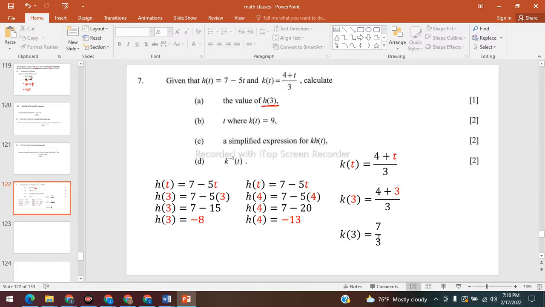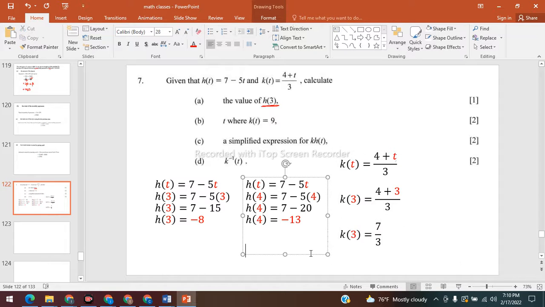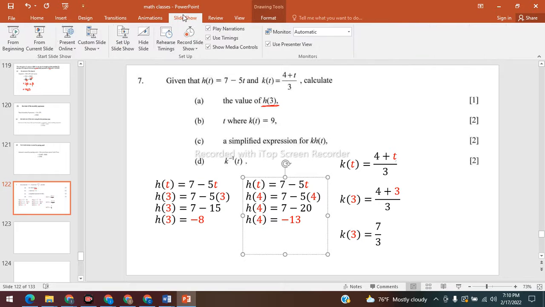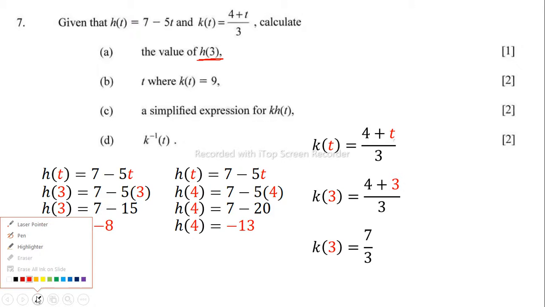At first, I was confused. I didn't know we moved on to B yet. No, we haven't moved on to B. I just gave this as an example and just used 3. So A is negative 8.